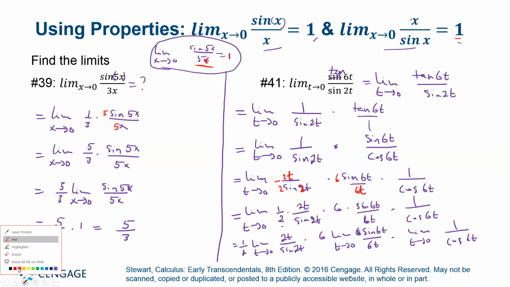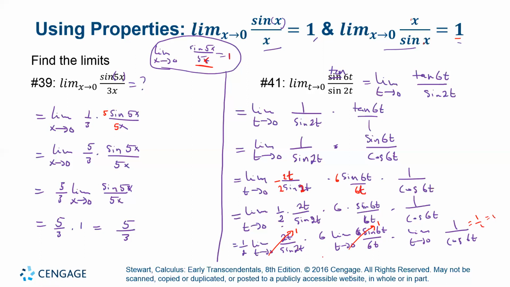what happens is that this goes to 1. Okay, this whole thing also goes to 1. And then 1 over cosine of 0 is 1. So this part is 1 over 1, which is 1.